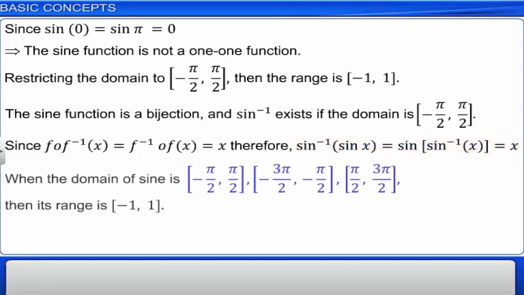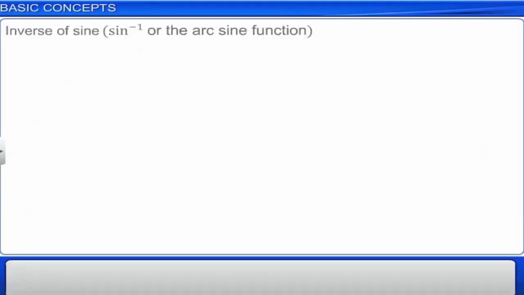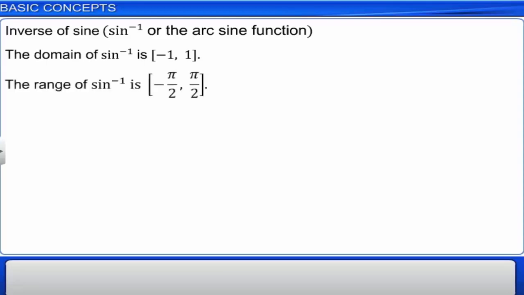Further, even if the domain of the sine function is restricted to the intervals shown here, its range will still remain the same. Now, let us define the inverse of the sine function in the given intervals. The domain of the sine inverse is closed interval -1, 1, and its range is closed interval -pi upon 2 to pi upon 2.